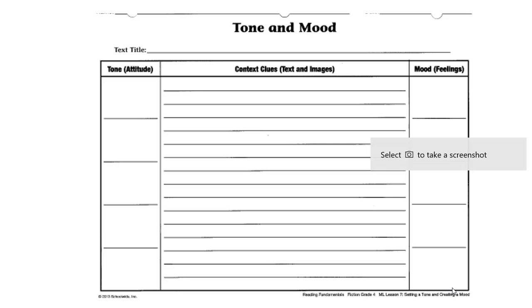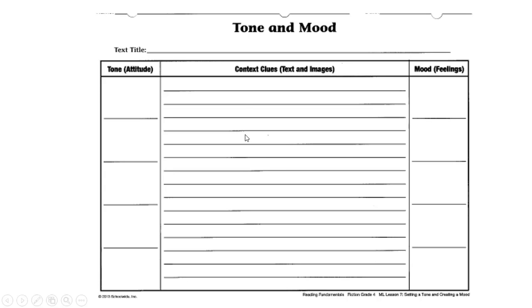All right, well, we're back here with the graphic organizer. If you choose to use this, the tone is the attitude of the author, and there's certain text or images that the author includes that you believe show his attitude because of the words he chose. And because of the words that he chose, which create the tone, what kind of mood does it put you in?